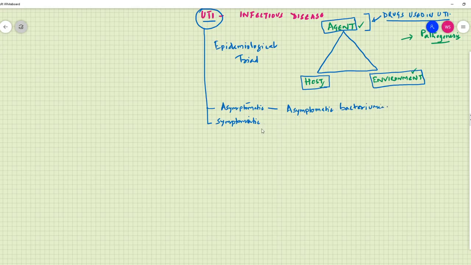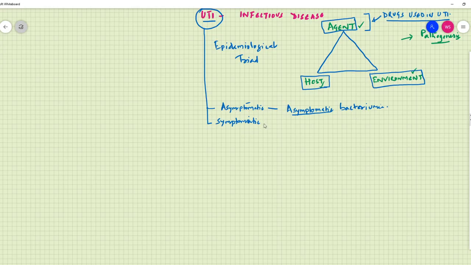Asymptomatic meaning the patient is not feeling any symptoms, but if we culture the urine, then we find that there is bacteria. So that is asymptomatic bacteriuria. If it is fungus, then that is an asymptomatic UTI caused by fungus. It can be viral as well.